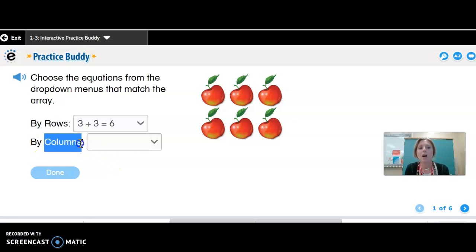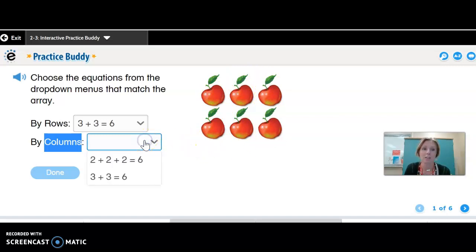Now let's look at the columns. The columns, remember, go up and down like a ladder. How many apples are in this column? 1, 2. How about this one? 1, 2. And this one? 1, 2. So same thing. 2 plus 2 plus 2.